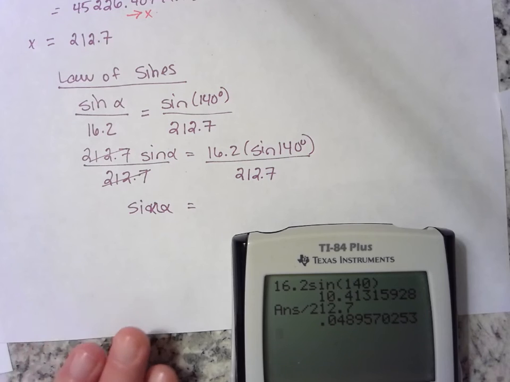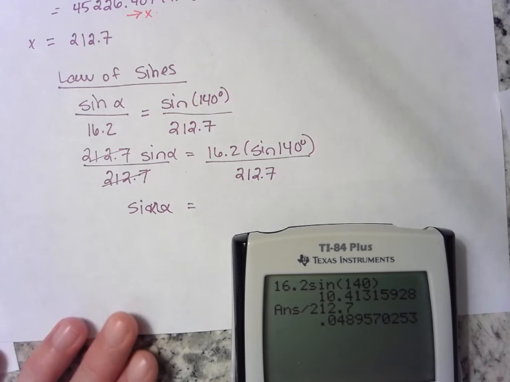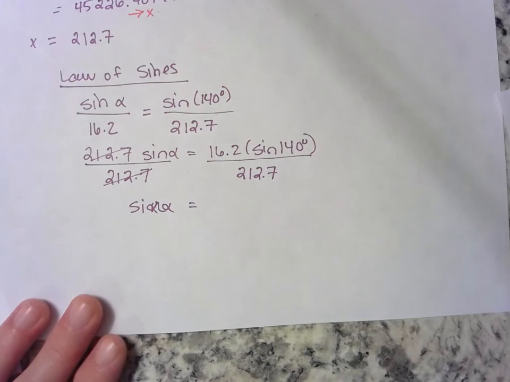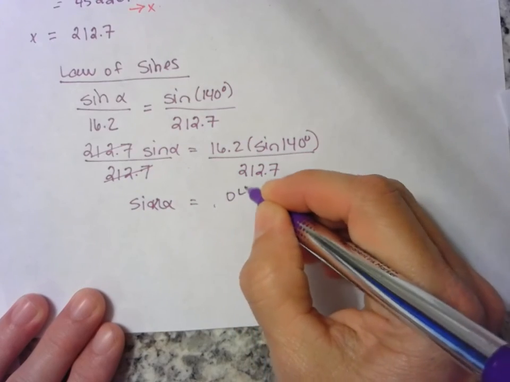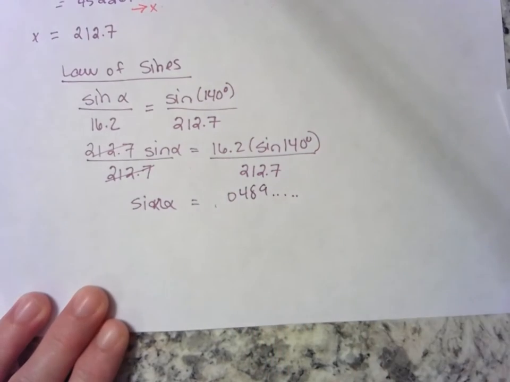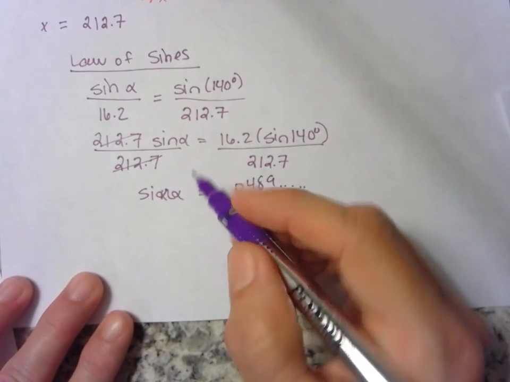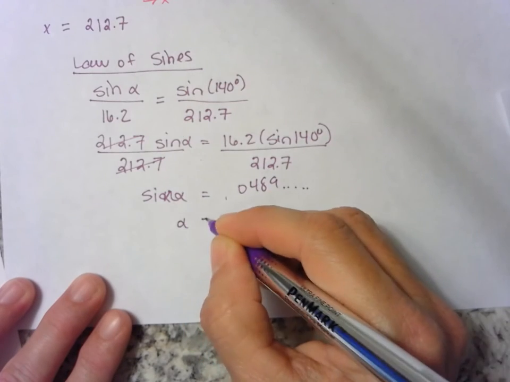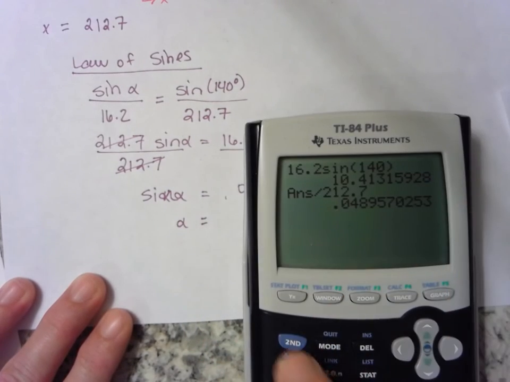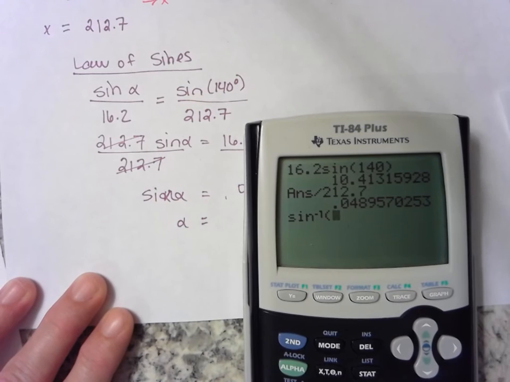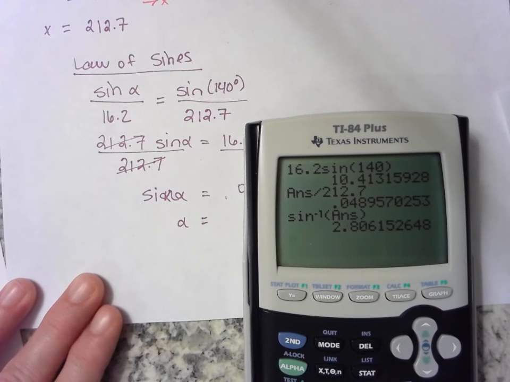We get 0.0489 something. We need the inverse sine to figure out what alpha is. So inverse sine of our previous answer is 2.8.